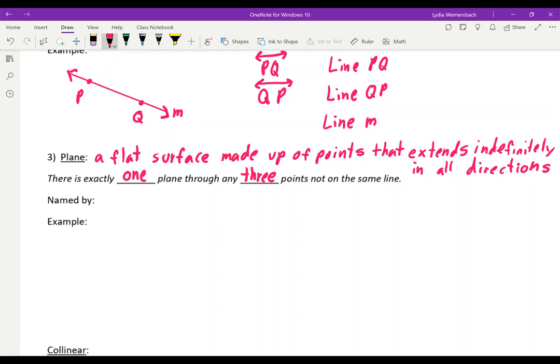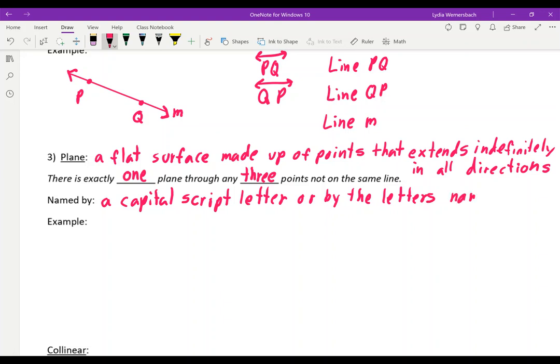We name this with a capital script letter, or we can name it by the letters naming 3 non-collinear points.